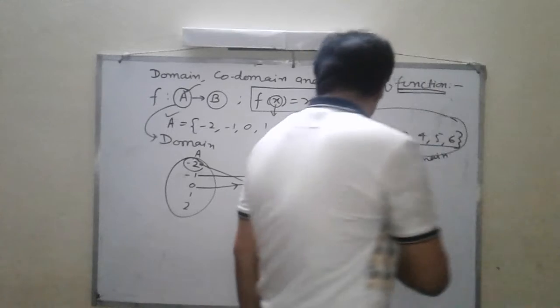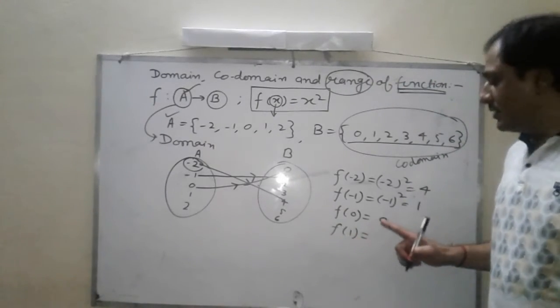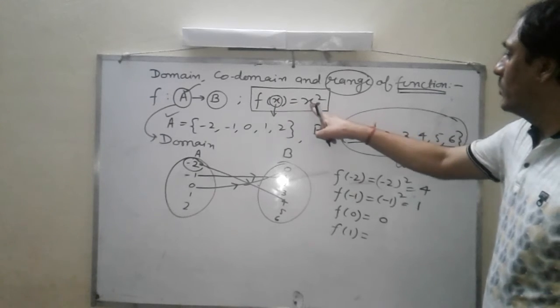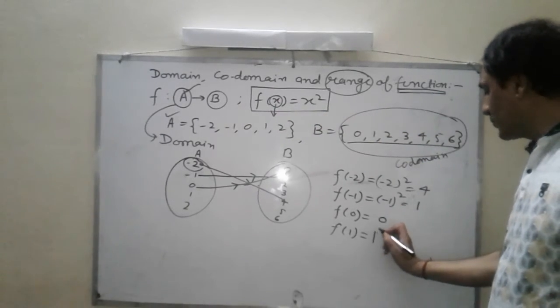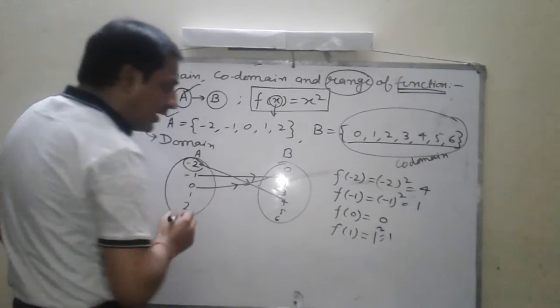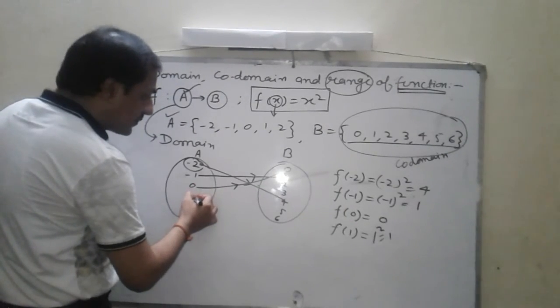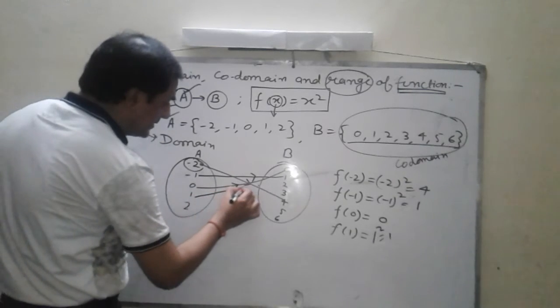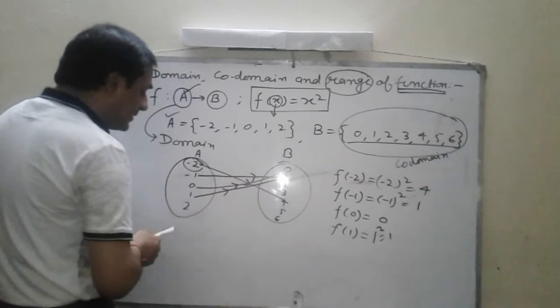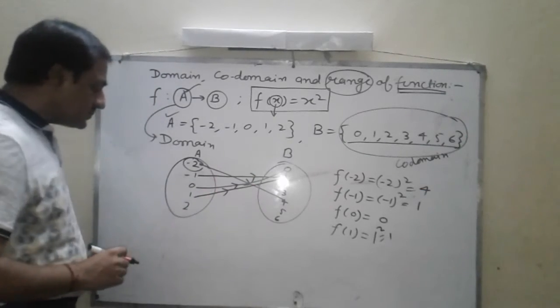The value of f of 1 is equal to square of 1 is equal to 1. It means the image of 1 is also 1. Here the image of minus 1 is 1 and the image of 1 is 1.